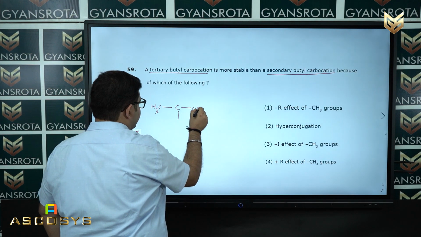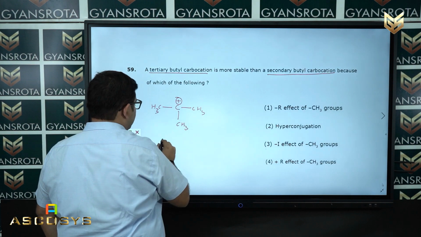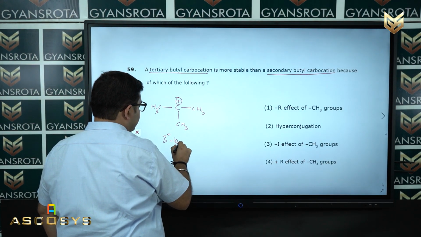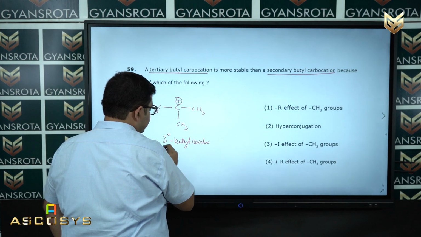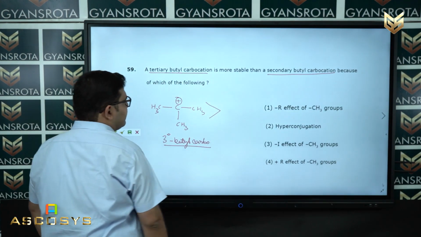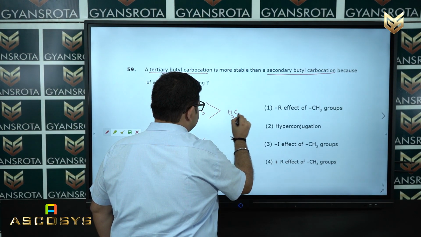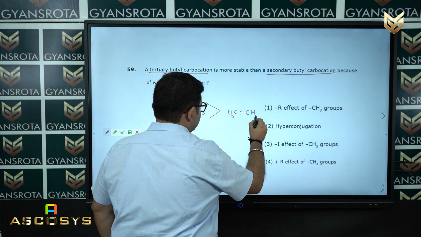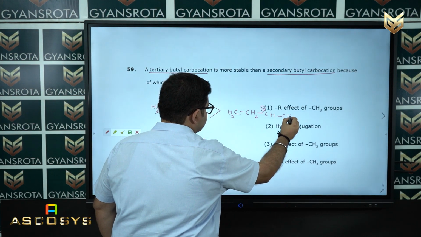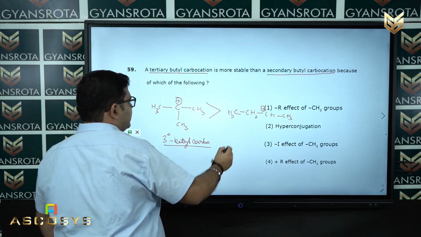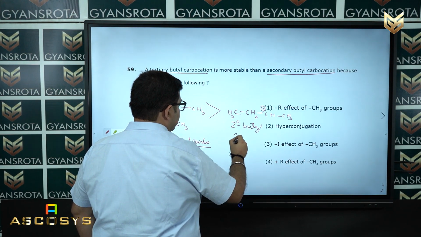CH3, CH3, CH3, this is your tertiary butyl carbocation, and this one is more stable. If you see the secondary butyl carbocation, it means CH3, CH2, CH plus and CH3. So, this is nothing but your secondary butyl carbocation.